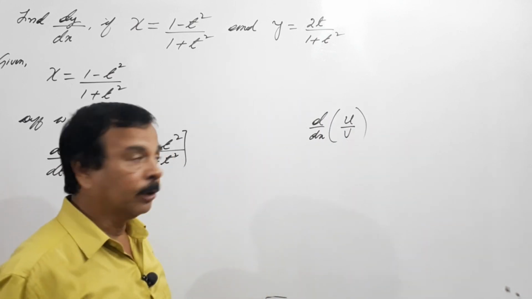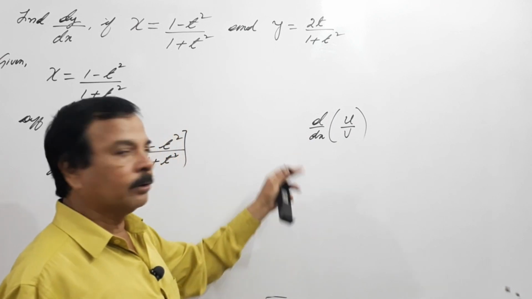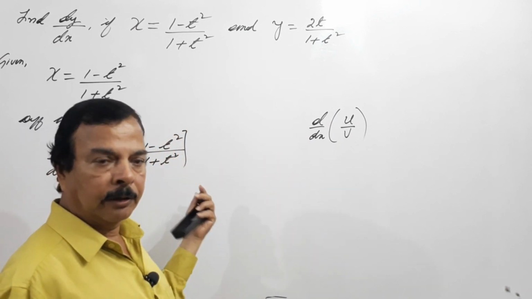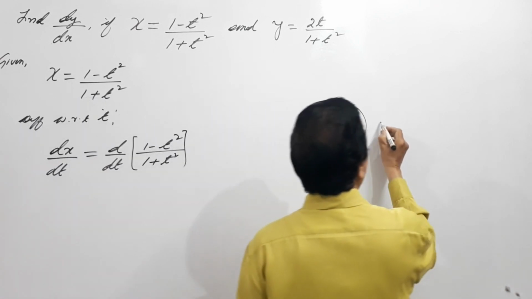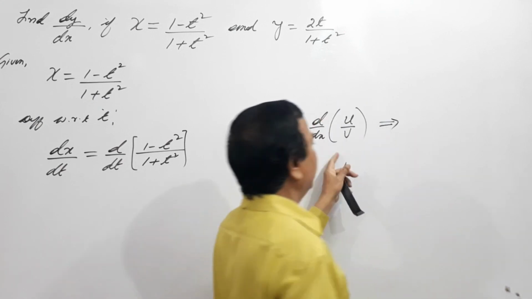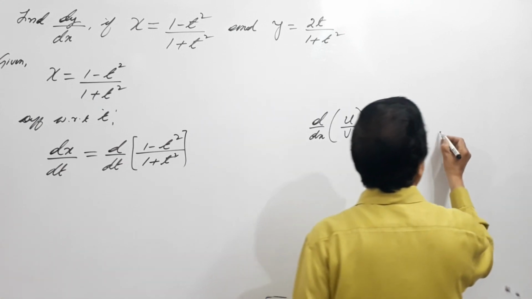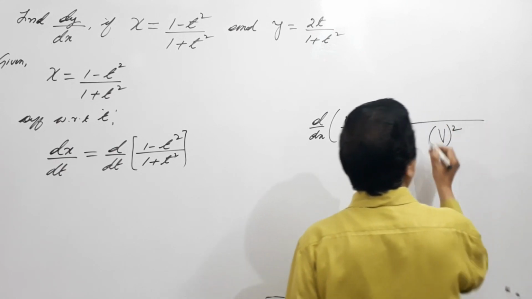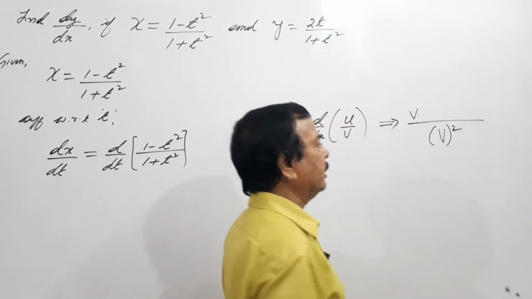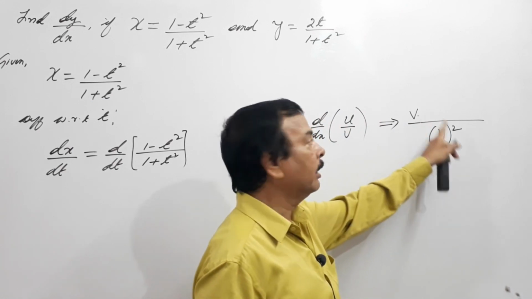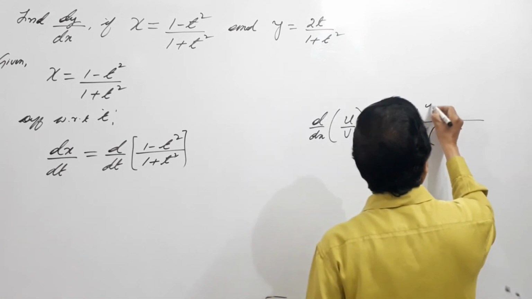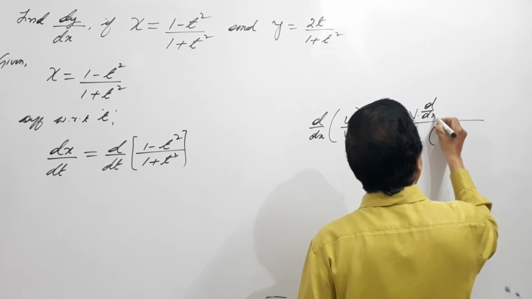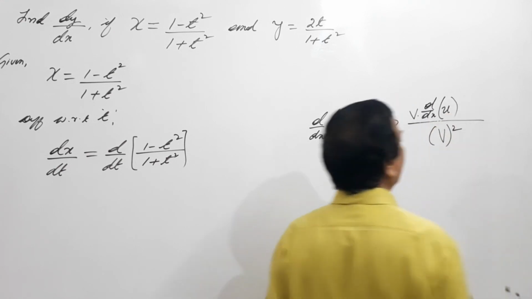I am going to give the solution so that you should not get confused. To differentiate this, take the denominator square, that is v square, and keep the denominator v as it is, not squared, and d by dx of u.